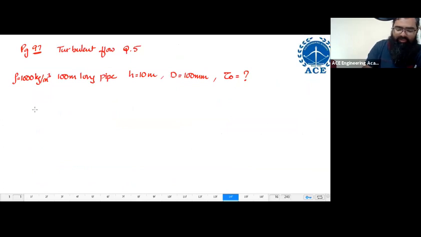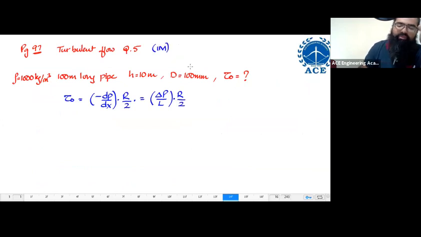So basically the value of wall shear stress has to be equal to minus dp upon dx multiplied by capital R by 2. That is also equal to delta p by L multiplied by capital R by 2. This is a 1 mark question in examination.